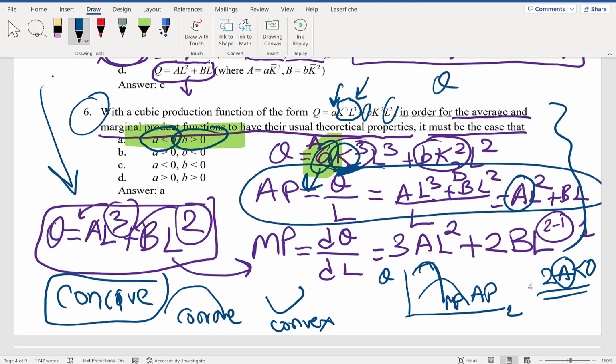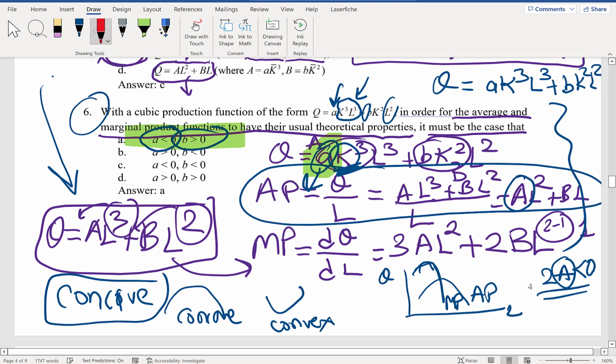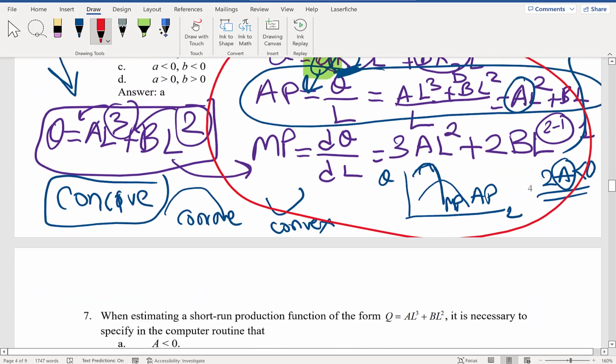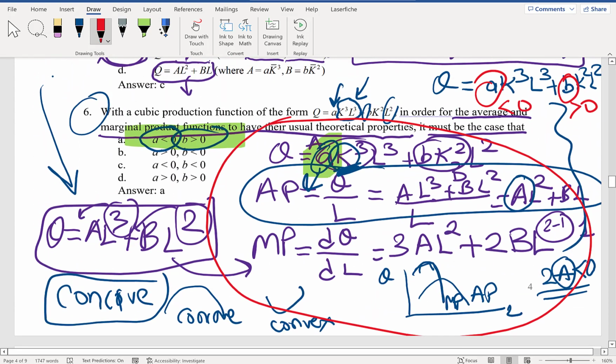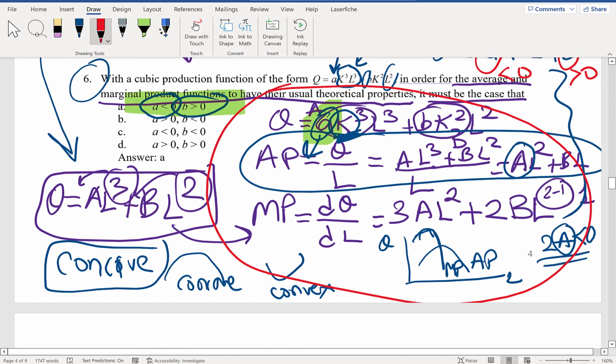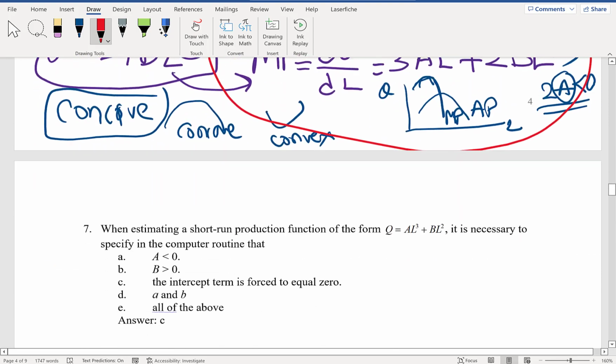Oh, I have a cubic production function, aK raised to the power 3, L raised to the power 3, bK2, L2. You can say, this needs to be negative, this needs to be positive. You can memorize, or I derive everything literally all the time, because I am not very good at memorizing, but if you are better, you can memorize, or know where it comes from. That's the most important thing.